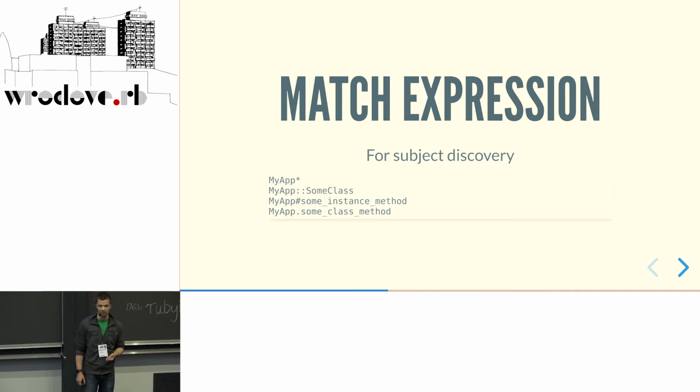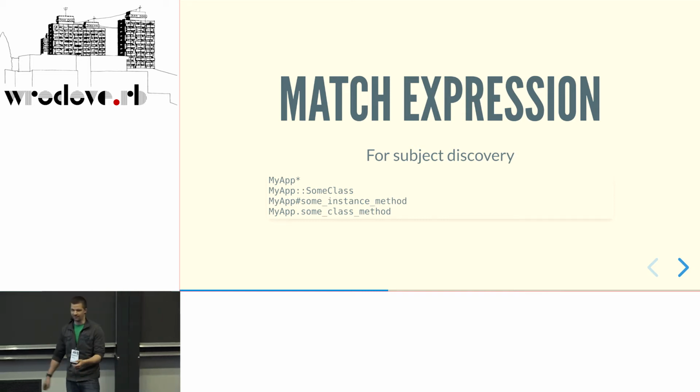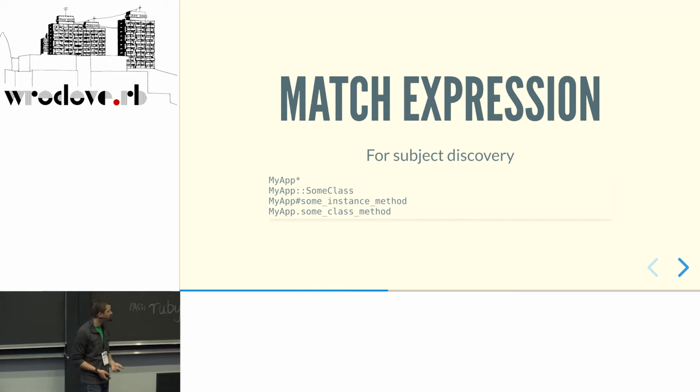So imagine you were pointing the mutation testing engine against your project. You have 100 dependencies. You have 100,000 lines of code. But unless you specify to the tool which are the subjects of your interest, you're out of luck. So I made up the concept of match expressions. The first match expression is a recursive enumeration. You just give it your parent namespace, and it will recurse into all subjects it can automatically identify.